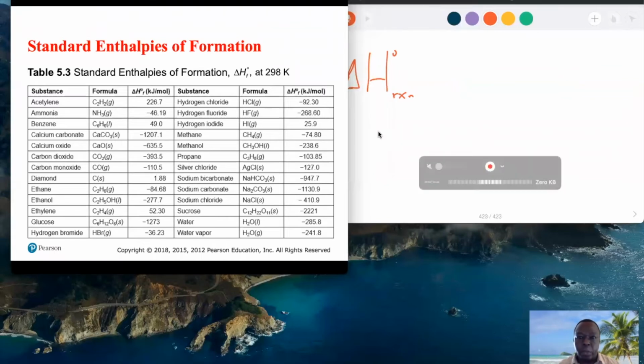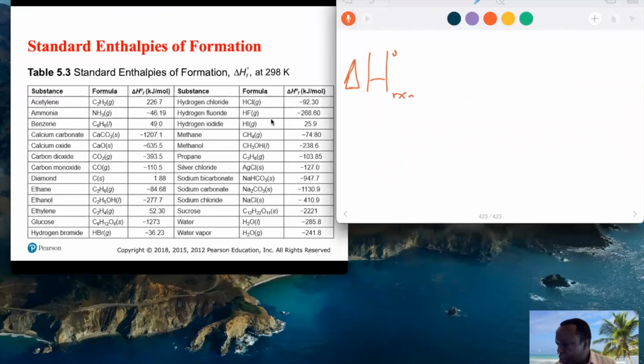It's going to change now. It is not delta H alone.